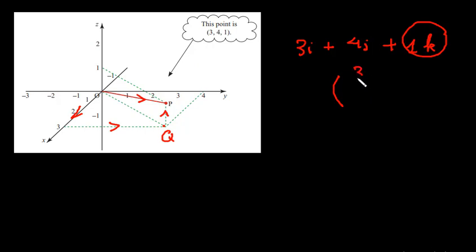It moves along the y-axis 4 unit vectors, so we have 4j, and after moving along the y-axis, we have this point here, Q, and in order to get to P, it moves up the z-axis 1, so with 1k, and remember that k is a unit vector for the z-axis. We can represent this in this form: 3, 4, and 1. Everyone can understand that, okay?